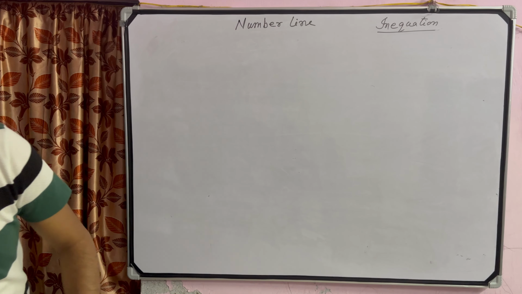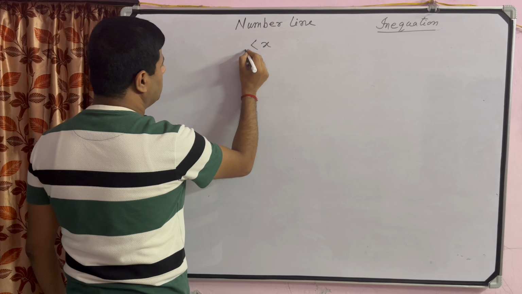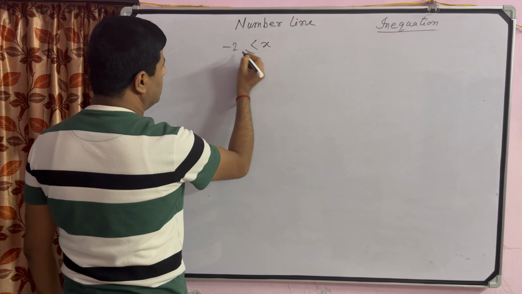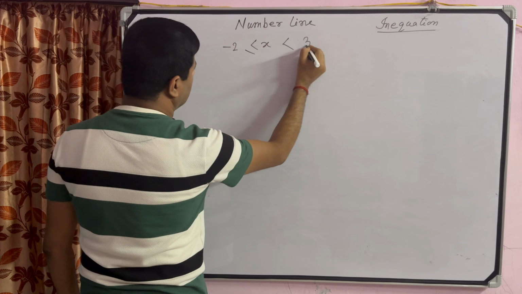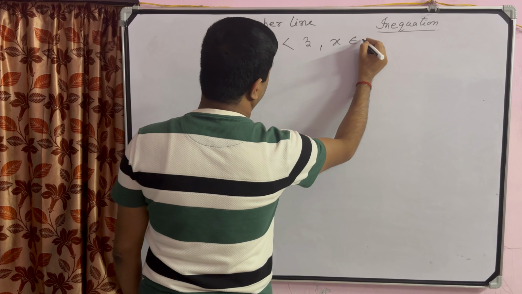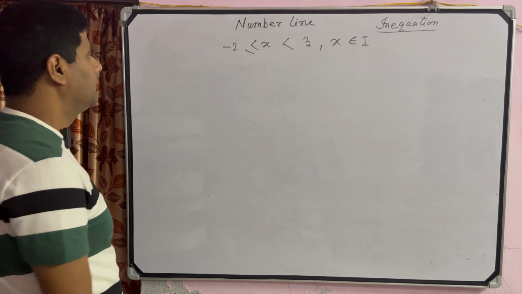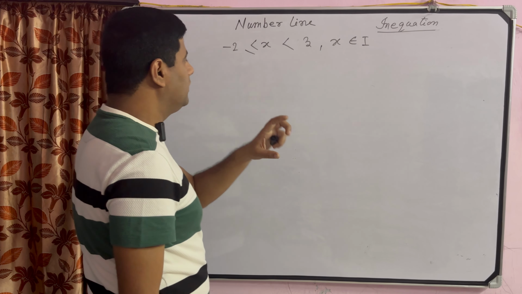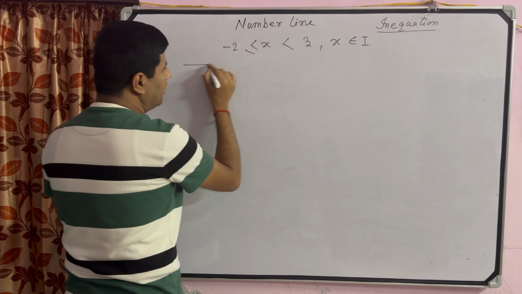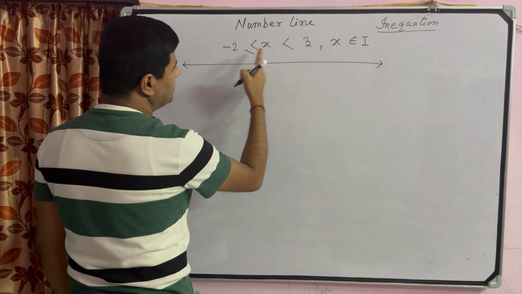Okay, suppose somewhere it is written x is greater than or equal to -2 and less than 3. Let us think about it. And it is given x is an element of integer. Let me tell you what I will do. Integers are all the positive and negative numbers which do not have any decimal part. So what will be the values? -2 to 3.